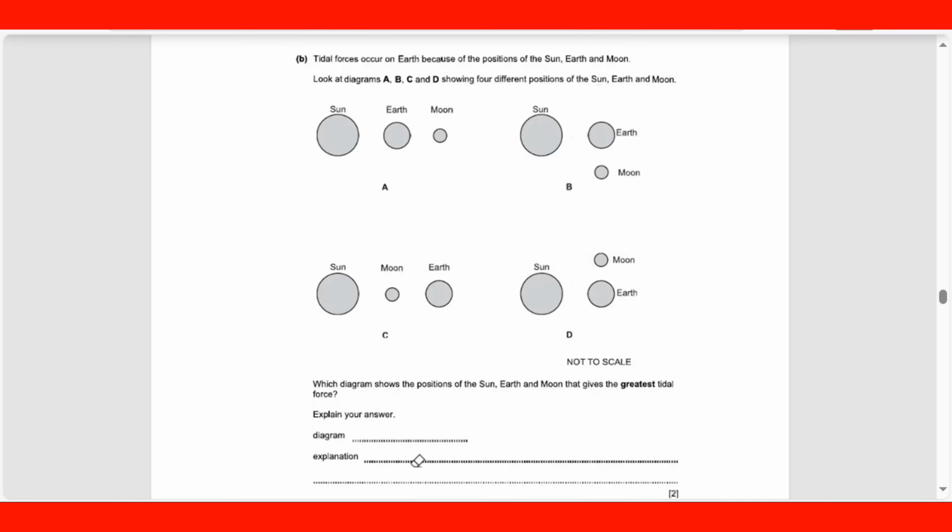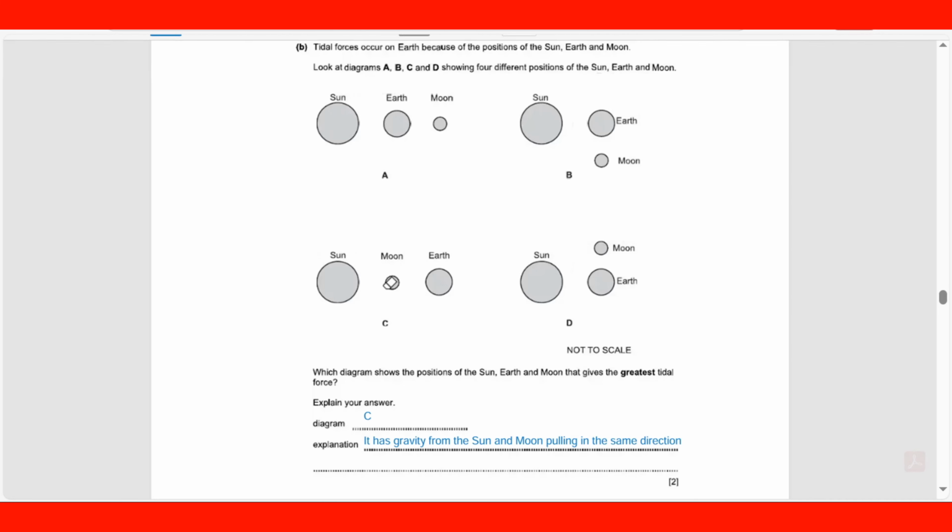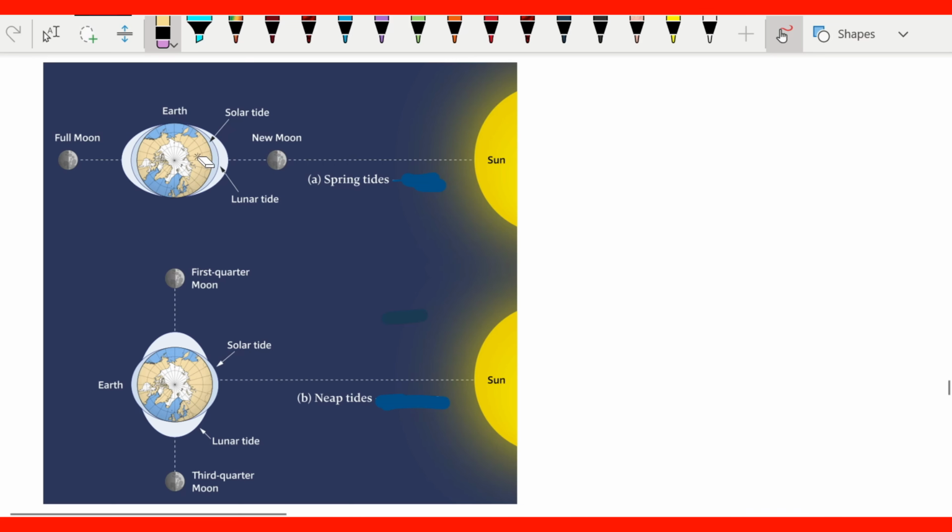Okay, let's check out the answer, guys. So it's diagram C. The reason is it has gravity from the Sun and the Moon pulling in the same direction. This is the diagram of the Sun, Moon and Earth. This is when it's new moon and this is when it's full moon. So when the Moon and Sun are pulling in the same direction together, this is the greatest tide. In this position the Moon is pulling to this side and the Sun towards this side, so it's not the same direction.